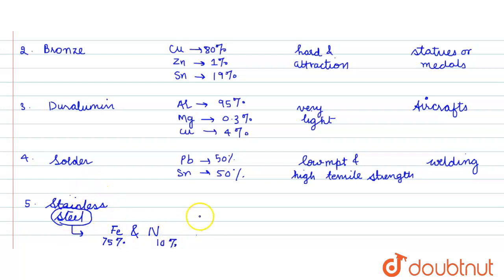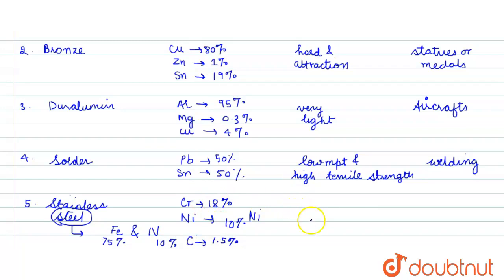Whereas stainless steels are the steels that are the alloy of chromium with 18% of chromium and 10% of nickel, and contain very less amount, or we can say less than 1.5% of carbon.